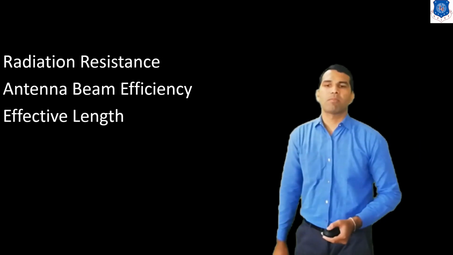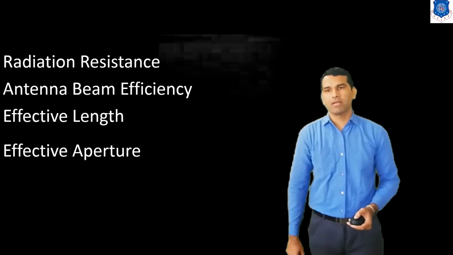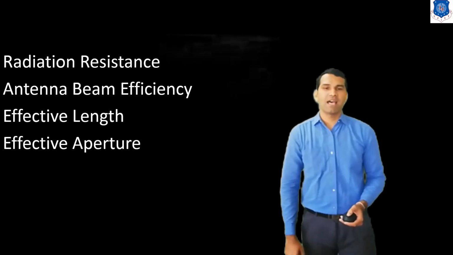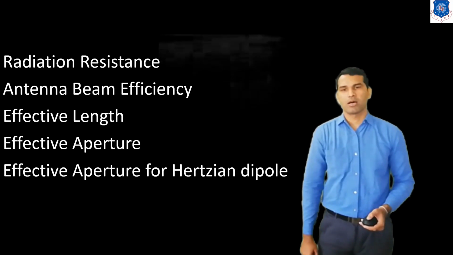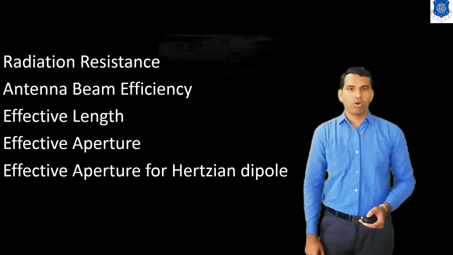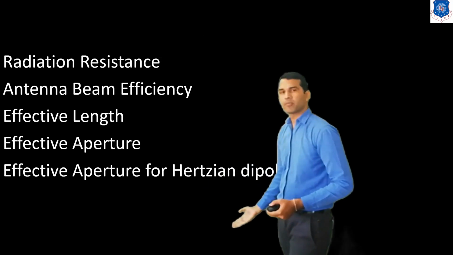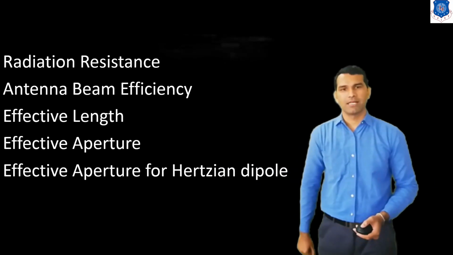Next, the effective length of antenna. Then the effective aperture. And last, the effective aperture for Hertzian dipole. So in this lecture we will discuss these topics. First we start with the radiation resistance.